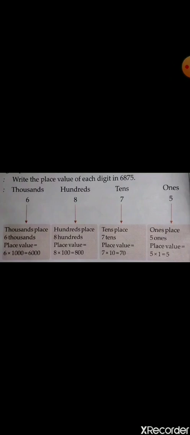It means place value of 8 is 8 hundreds or 8 into 100. This equals 800. 6 is on thousands place. It means place value of 6 is 6 thousands or 6 into 1000, 6000.